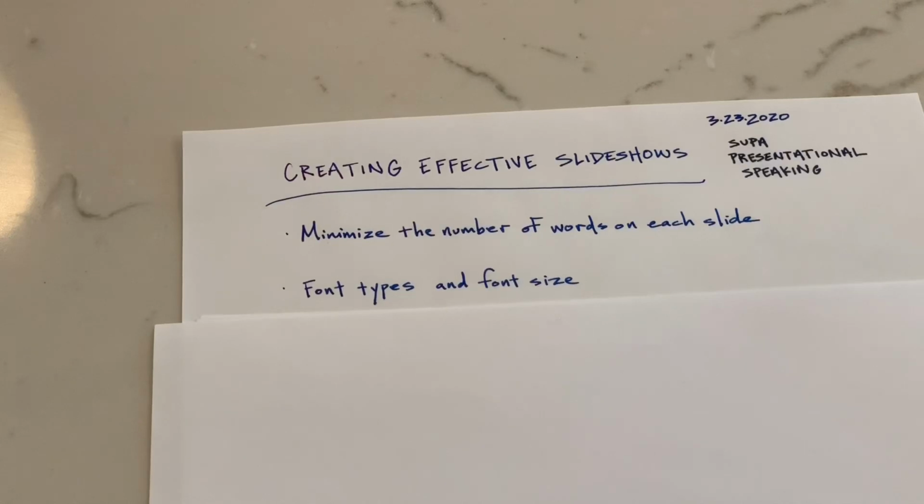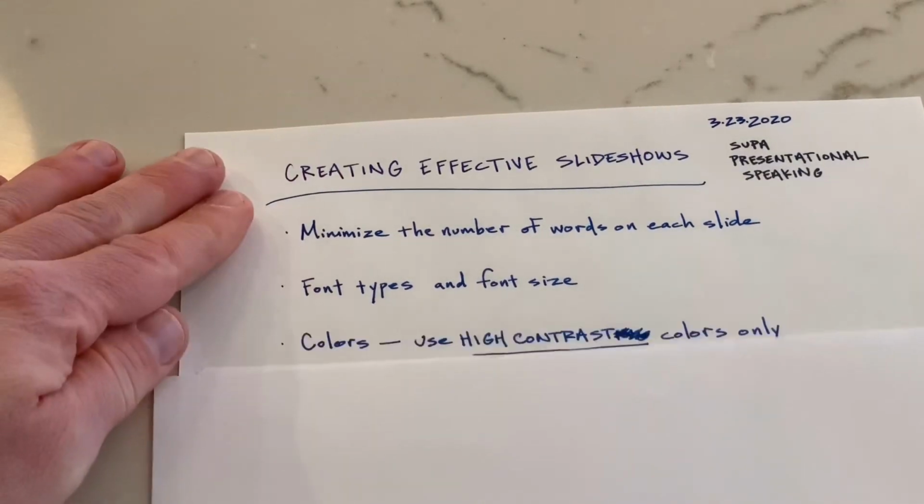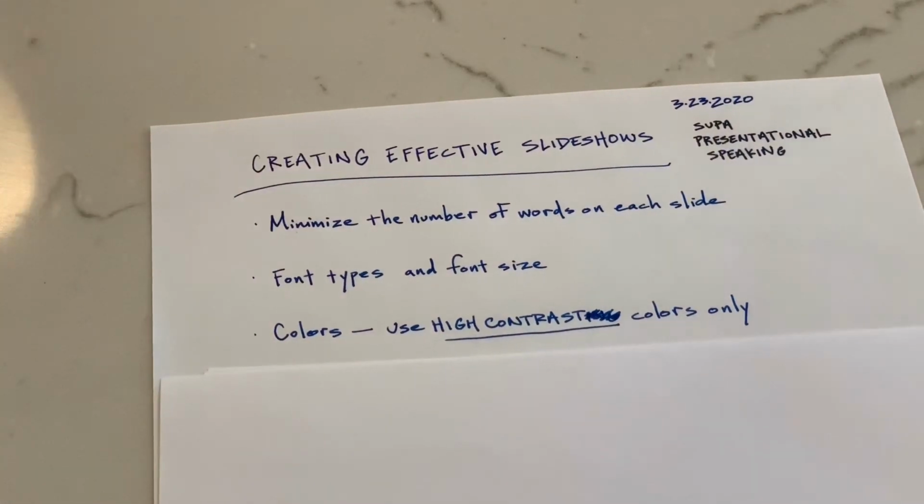We can't read it, right? So none of this Chiller font or stuff that makes us struggle to decipher what exactly it says. We want to keep it simple. I'm talking Times New Roman. I'm talking maybe Cambria, right? As clean as possible.